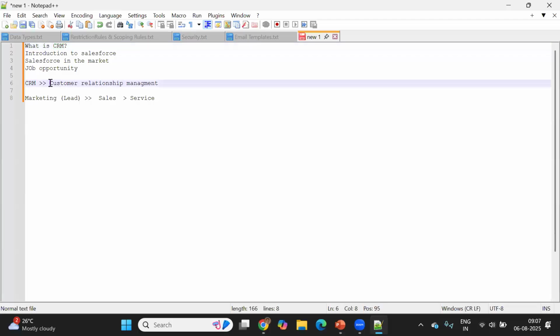That means CRM is nothing but customer relationship management, where companies can maintain good communication or a good relationship with the customer. Why? Because if you take any top companies, they have hundreds or thousands of customers. The customer is where they can make some business, or the lead, right? So each and every customer or lead is important to make some business, right?